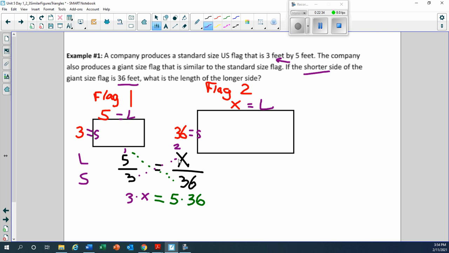So basically, we have X times 3, or 3X, equals 5 times 36. We're going to set those products equal to each other and solve for X, which at this point you can do.